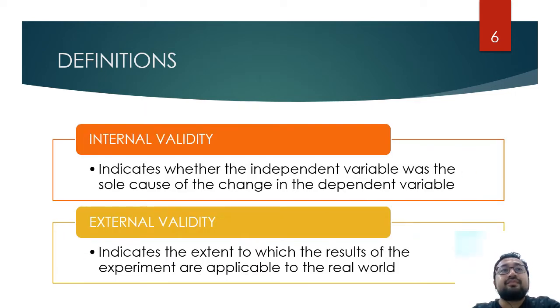Okay. So internal validity indicates whether the independent variable was the sole cause of the change in the dependent variable, while the external validity indicates to the extent to which the results of the experiment are applicable to real world. Internal validity ni adalah validity yang kita nampak dalam scope eksperimen ataupun cluster of population yang kita study tu.